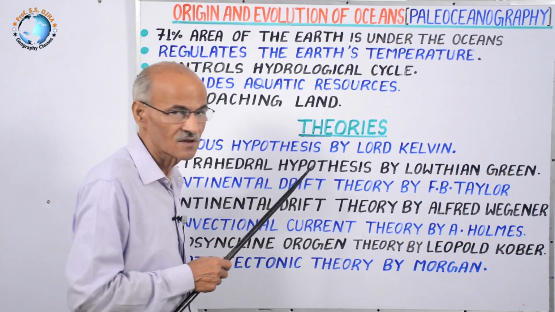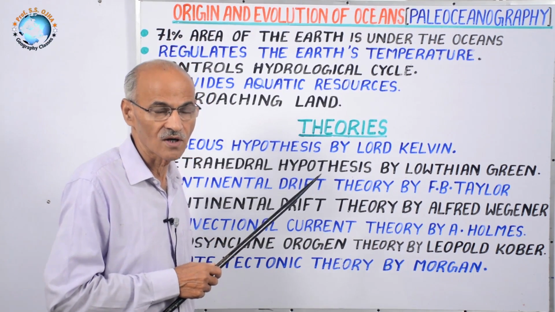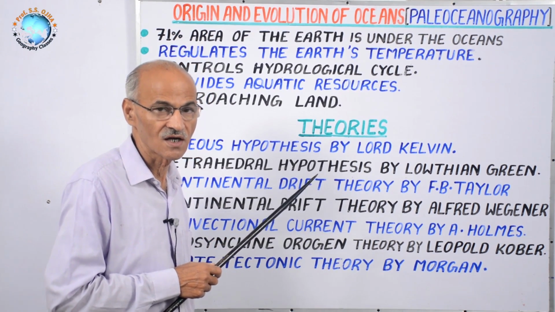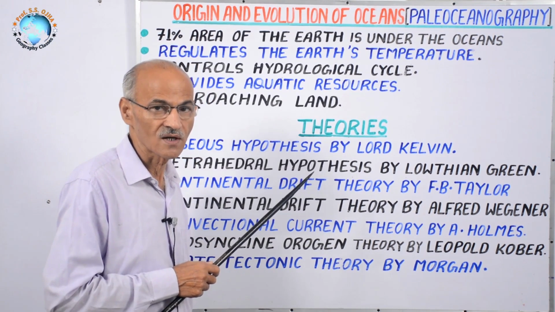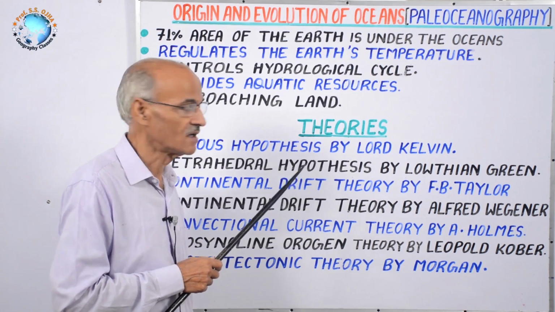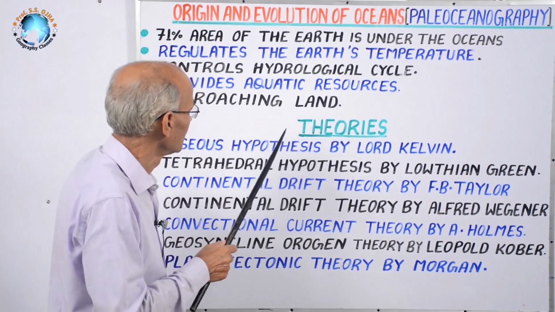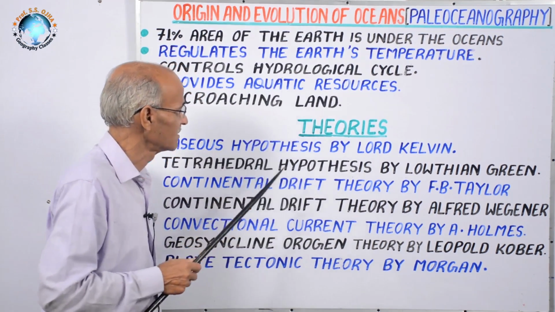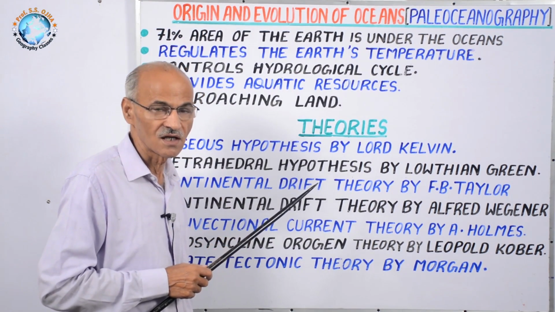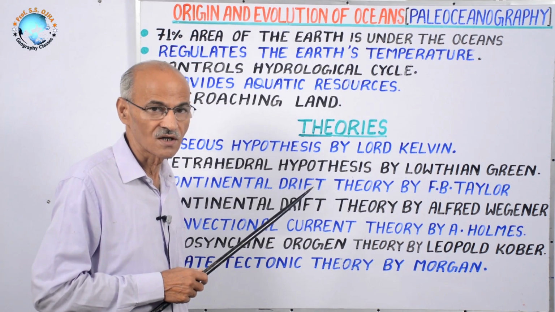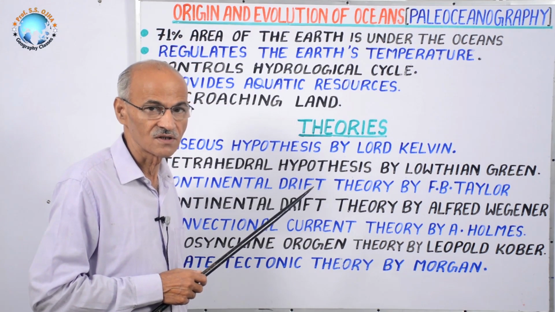And if the process of global warming continues, certainly days are not far away when most part of the land will be under water. Now, after understanding importance, let us study the theories related to the origin of continent and ocean basin.